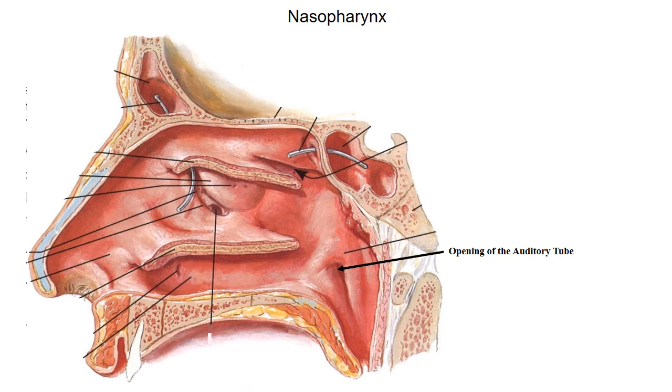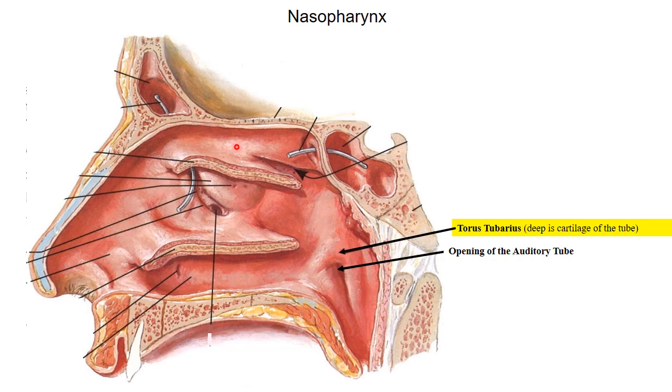All right, returning to our nasopharynx, there's our opening of the auditory tube right there. And around it, we see a number of little bumps and ridges. Right above the opening of the auditory tube, going horizontally this way, there's a little ridge here called the torus tubarius. This is basically just cartilage of the auditory tube covered in mucosa.